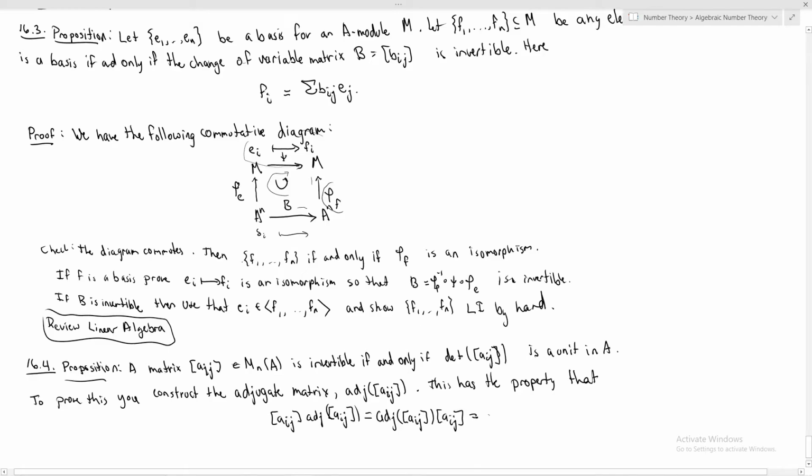I get the determinant of A_ij, my matrix, times the identity, the n by n identity matrix. Okay.